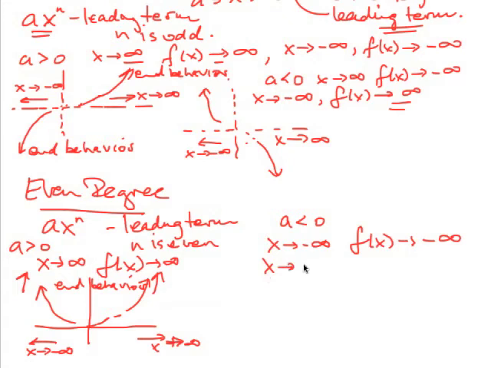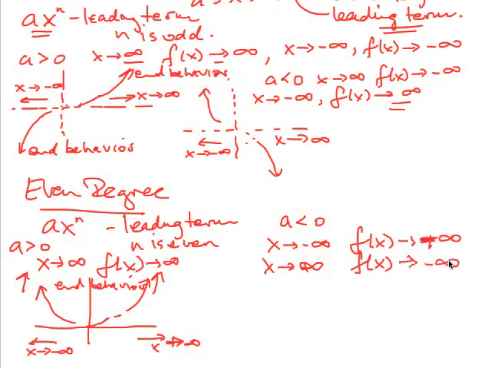When x is going towards positive infinity, then of course our function is going to do exactly the same thing. When I have negative in, oh sorry, I did that wrong. That should be positive infinity. Sorry, that should be negative infinity. I did that right.